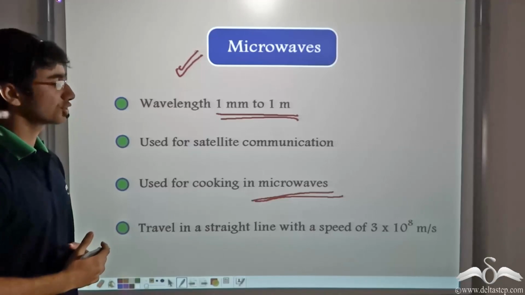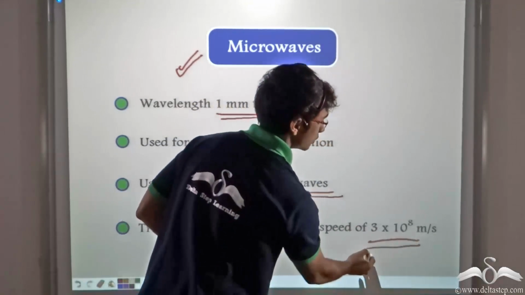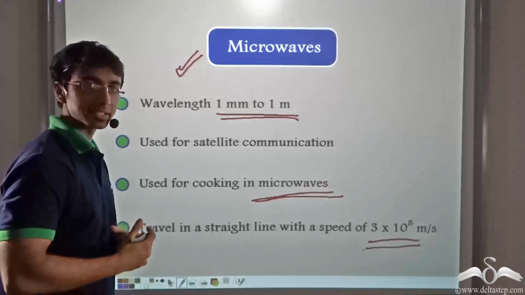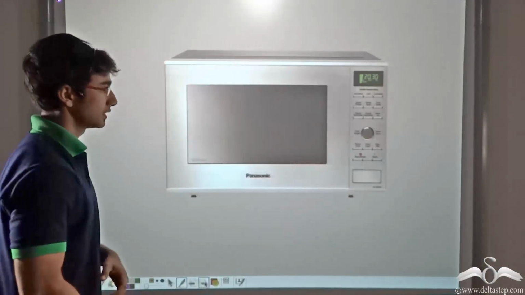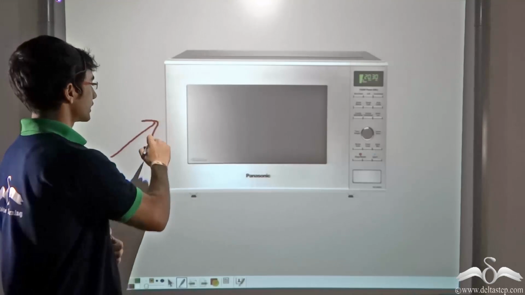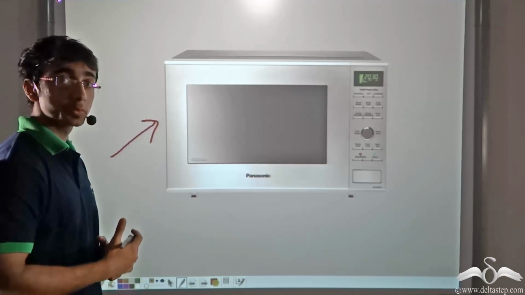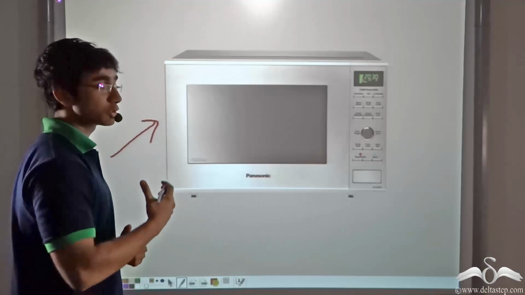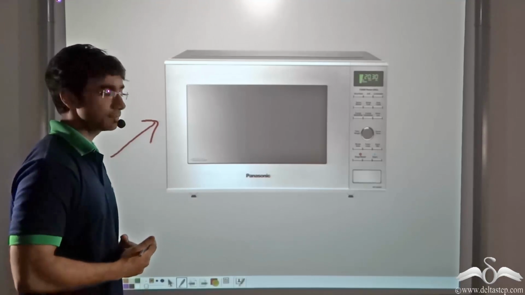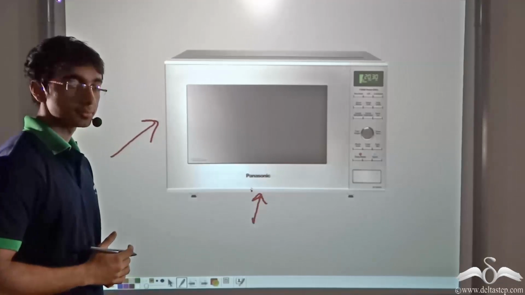And microwaves also travel in a straight line at a speed of 3 × 10^8 meters per second. Now, as I mentioned previously, the microwave oven that you probably have at home uses microwaves for cooking. The microwave part of the spectrum is responsible for cooking food that is kept in the microwave oven.